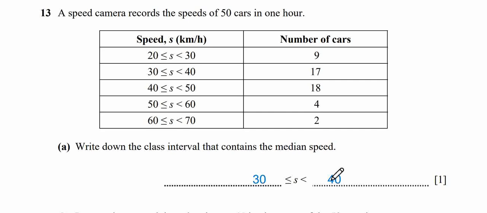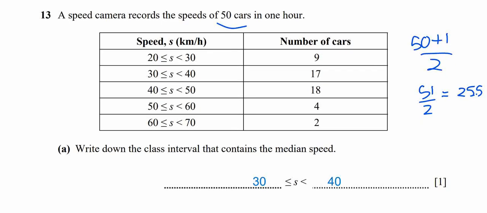So we see that the total frequency is 50. So it's an even number. So 50 plus 1 over 2, we will get 51 over 2, and it's 25.5. So we have to check the data number 25 and 26. 25.5 means data number 25 and data number 26, and divided by 2, we'll get the median.